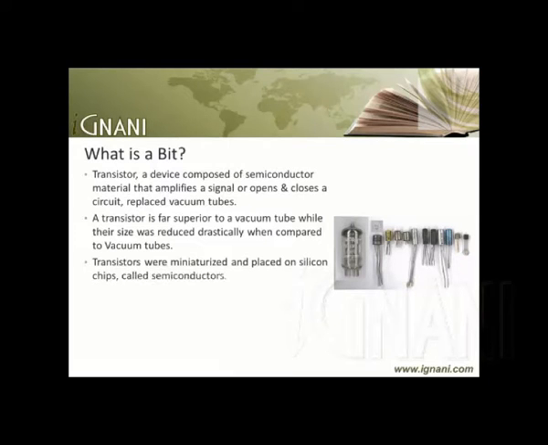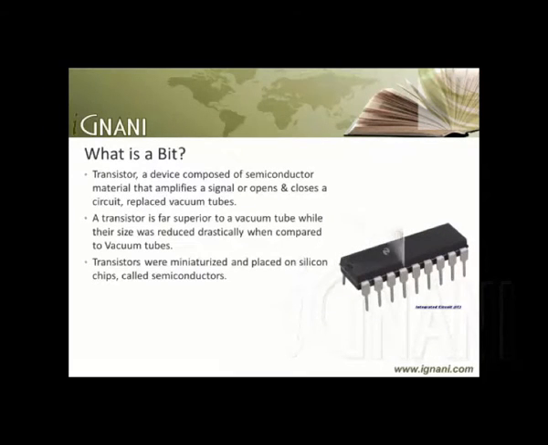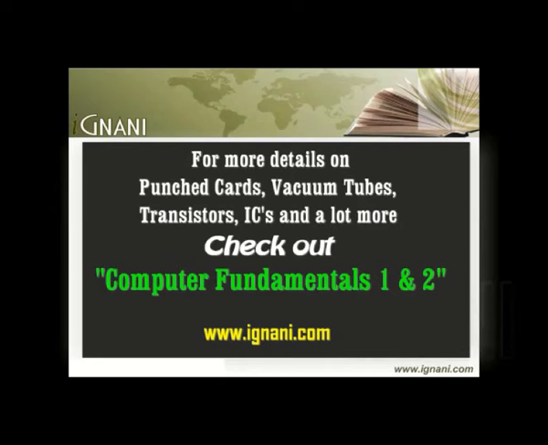Transistors were miniaturized and placed on silicon chips, called semiconductors. A typical chip is less than quarter square inches and can contain millions of transistors. For more details on punched cards, vacuum tubes, transistors, ICs, check out our tutorial Computer Fundamentals Part 1 and 2.